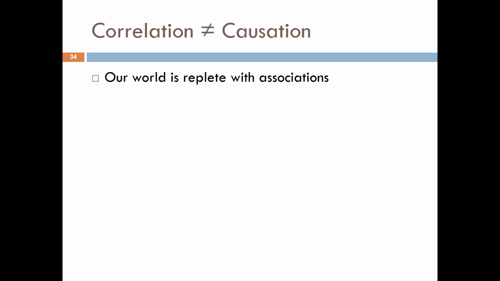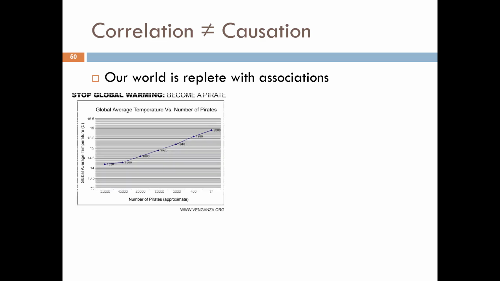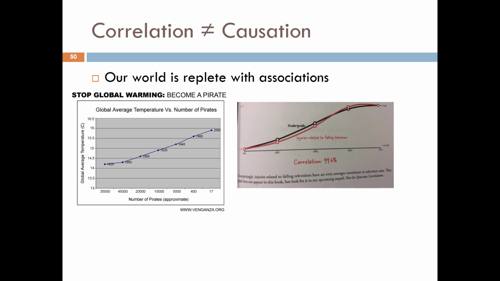And so as we wrap up, I wanted to just put a note in here that correlation does not equal causation. I'm sure many of you have heard of that before. And so our world is full of associations that are just spurious. For example, if you want to stop global warming, become a pirate. Or there's an uncanny correlation between the number of undergrads and injuries related to falling televisions.